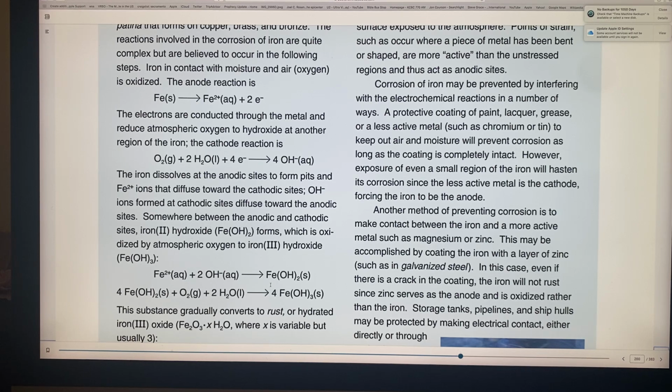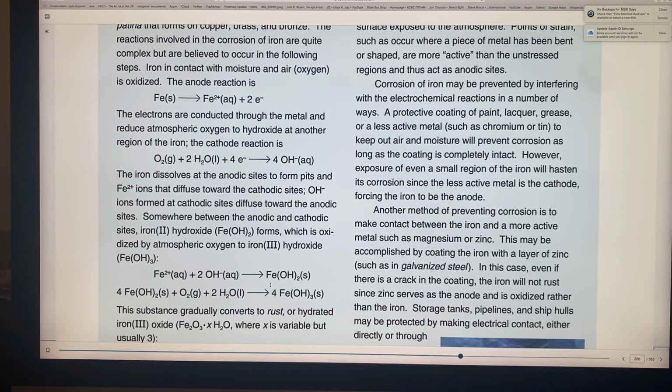The other is to make a contact between the iron and a more active metal. If they take zinc, the oxygen will react with the zinc before it reaches the iron. That's all you're doing. Magnesium or zinc are both more active than iron.